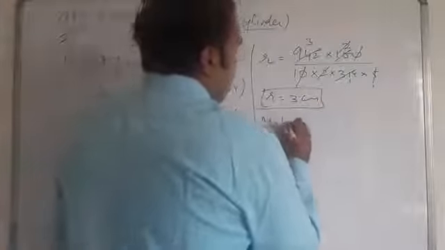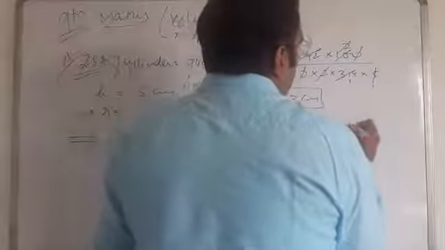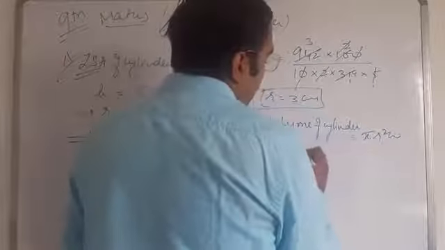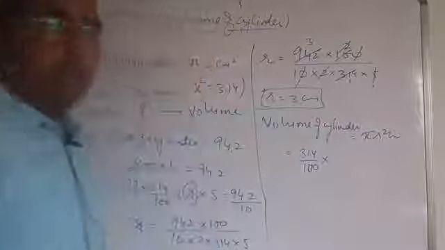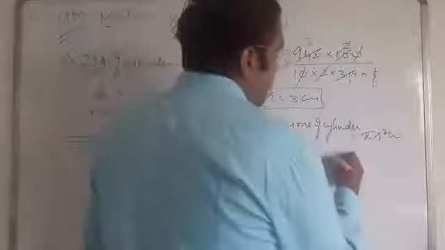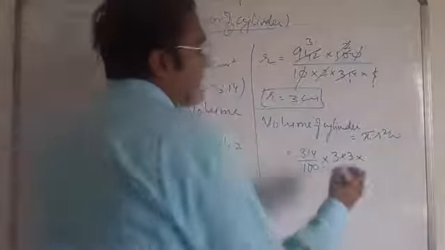So volume of the cylinder is pi r square h. Take pi as 3.14, so 314 upon 100 into r, the radius of the cylinder, that is 3. So 3 into 3 into height, which is given as 5 centimeter.